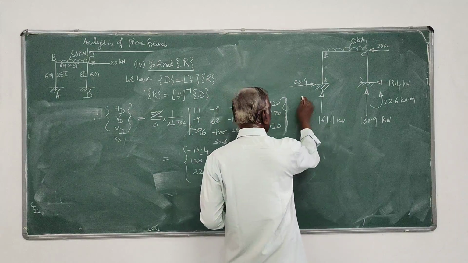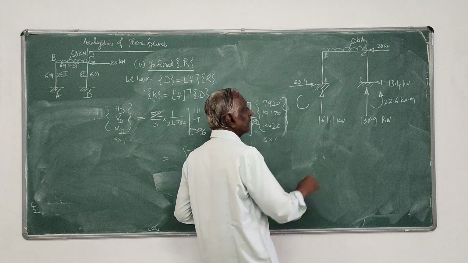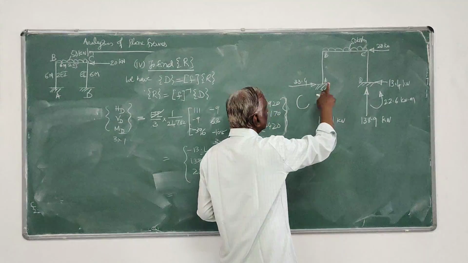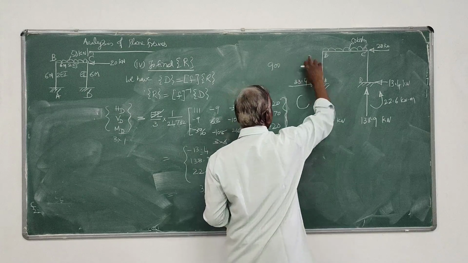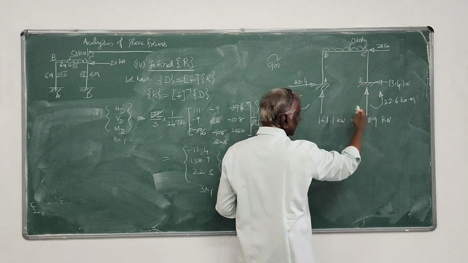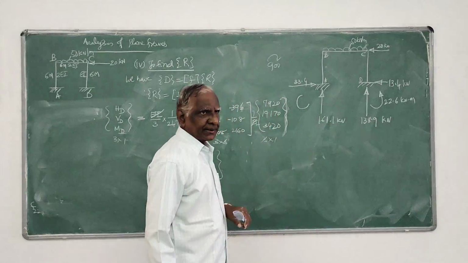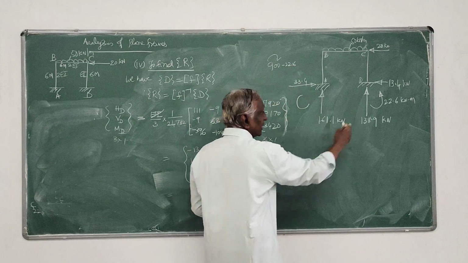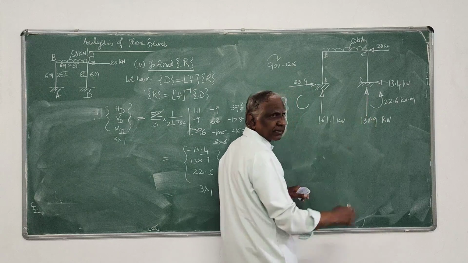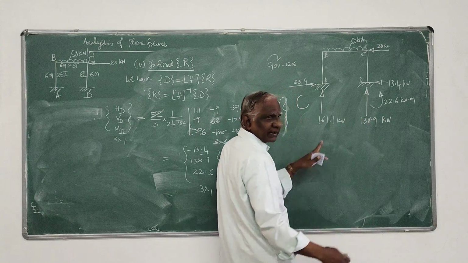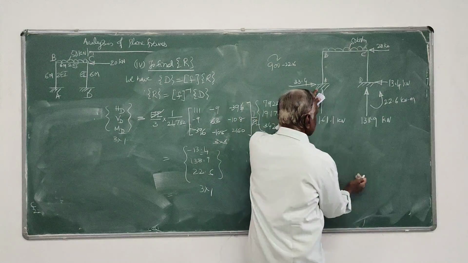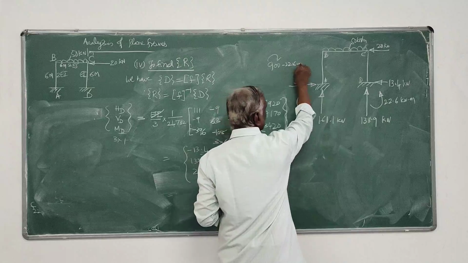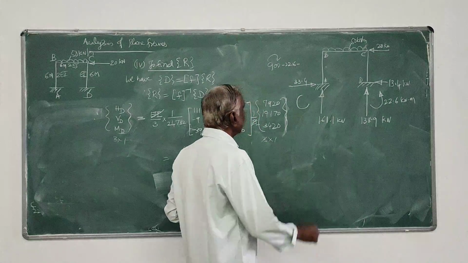Then similarly, we can find out this moment. So this is 50 into 6 into 3, that is 900, acting in clockwise direction. This is anti-clockwise, that is minus 22.6. Then this also will be a moment about A, so this is 138.9 into 6, that is also minus 138.9 into 6.